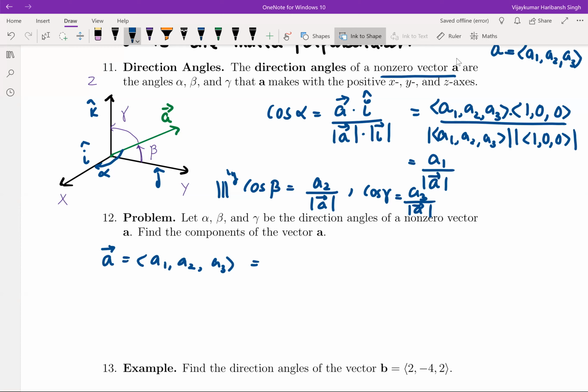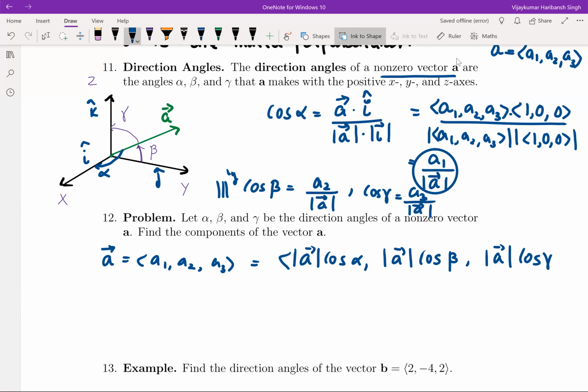And if we use this one here, we get A1 equals length of A cos alpha, A2 is going to be length of A cos beta, and A3 is going to be length of A cos gamma.